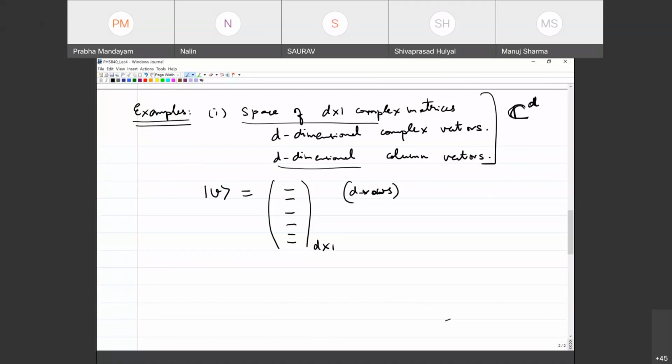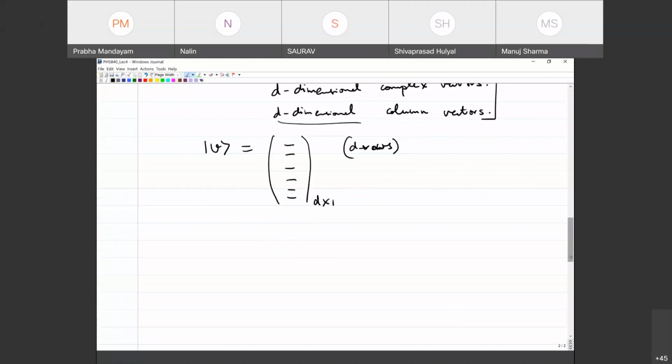The first thing you notice is that any such vector can be described in terms of D complex numbers, right? So one needs D complex numbers to describe this vector. Let me say that I call these D complex numbers V1, V2, etc., V sub D, right?